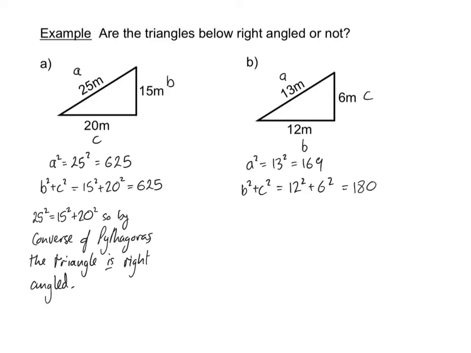Now in this case, what we can see is A squared is 169, and the other side of Pythagoras' theorem, B squared plus C squared, is 180. These two things aren't equal to each other. So we're going to use the not equal to symbol.